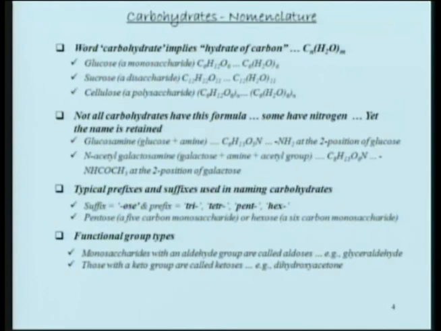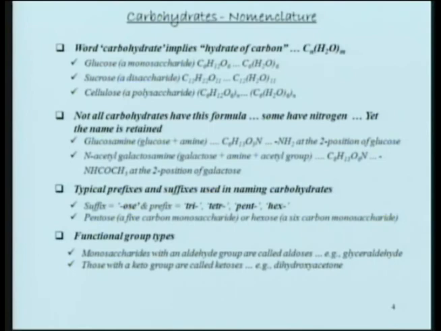Later on, it was discovered that you might not only have carbon, hydrogen, and oxygen, but you might also have a nitrogen substituting one of the hydroxyls. And that nitrogen typically is present at position 2, for example. It does disturb this molecular representation, but yet overall it is fairly similar to these kinds of structures, and therefore this particular molecular formula was also classified as a carbohydrate.